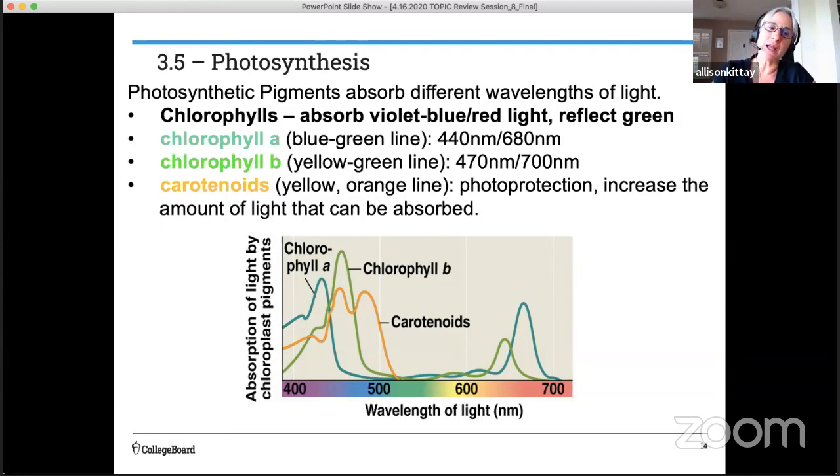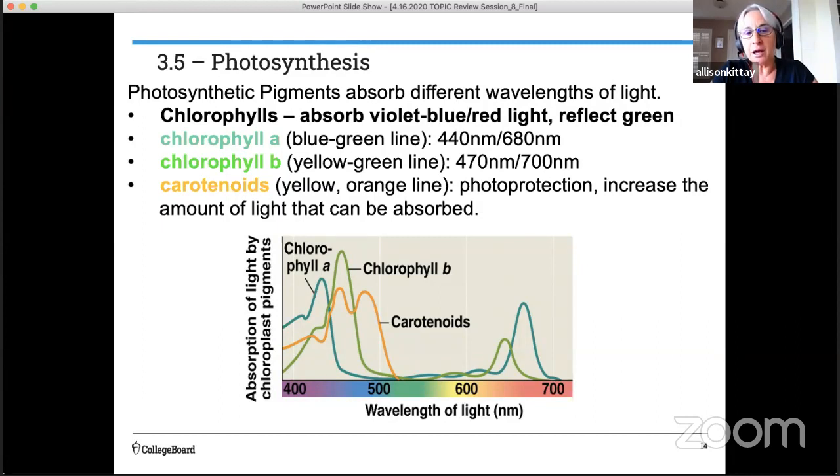And then we have a third set of pigments, which are collectively known as the carotenoids. They are beta carotene, which is what gives carrots their orange color, and xanthophylls, which are yellow pigments. And you can see they have some peaks down in the violet-blue range, and notice that they drop off after that.